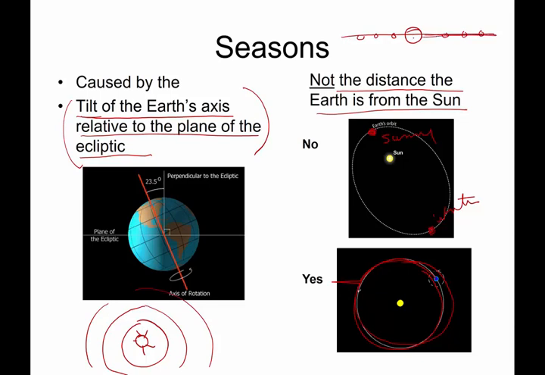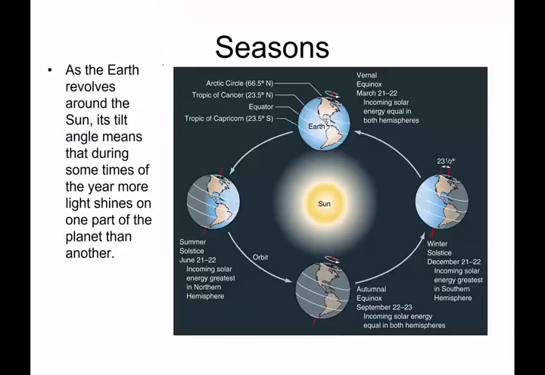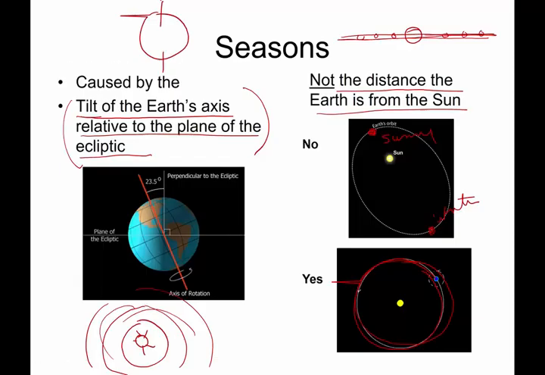Everything is orbiting on that same plane or really close to it, as if we were all stuck on this phonograph record. Well, as the Earth goes around the sun, we are not straight up and down. That's not how the Earth is tilted. As we go around the sun, we are actually tilted about 23.5 degrees away from straight up and down. And it's that tilt that causes the seasons.